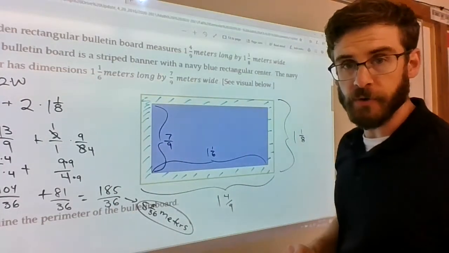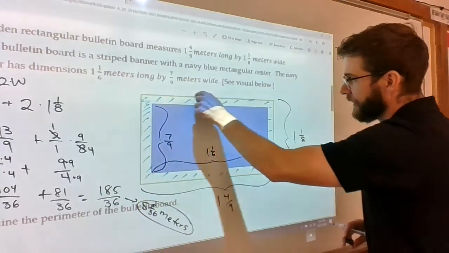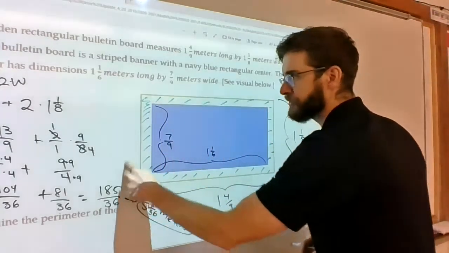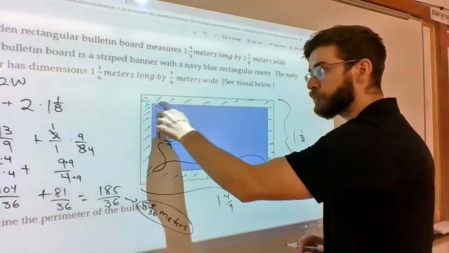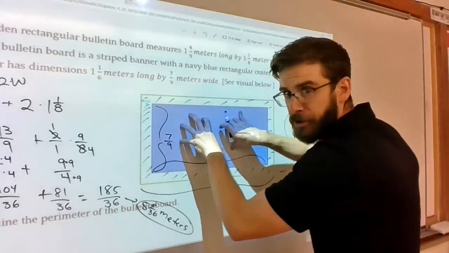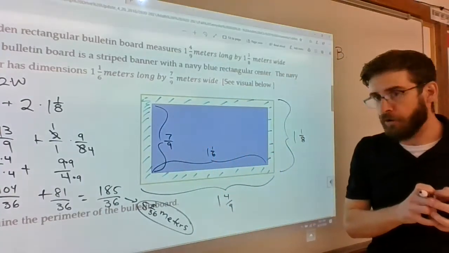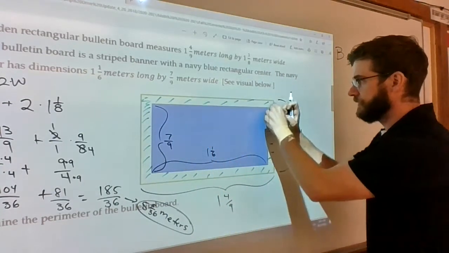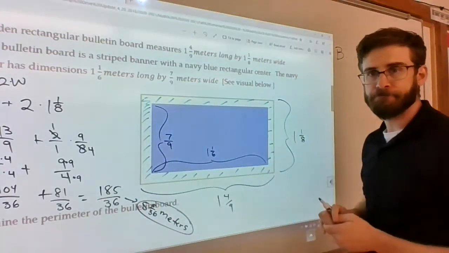Well, here's what I could do. I could find the area of the outside first, and then subtract the area of the inside. And if I took that blue out of here, all that remains is that striped part.